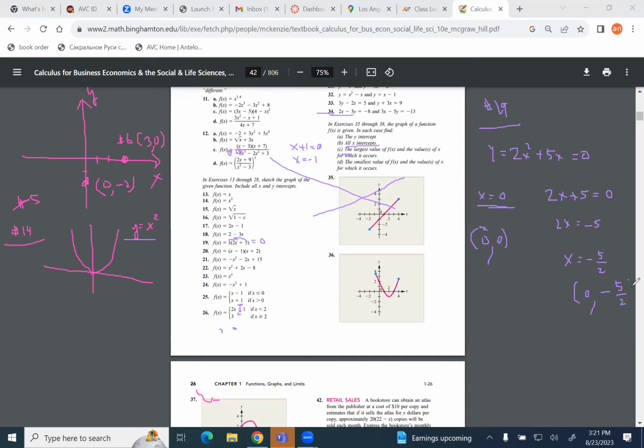And what I'm going to do is plot those 2 points on the coordinate plane. So 0, 0 is the so-called origin point, right? Intersection of the x and y axis. And there is another point with coordinates -5 over 2 and 0.